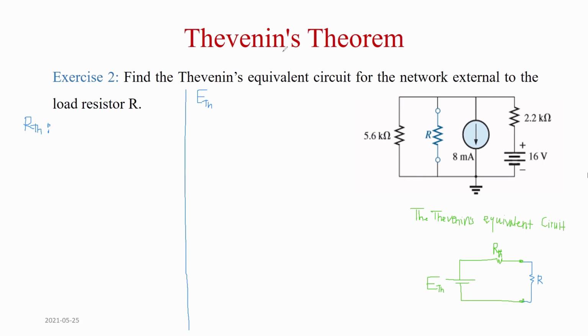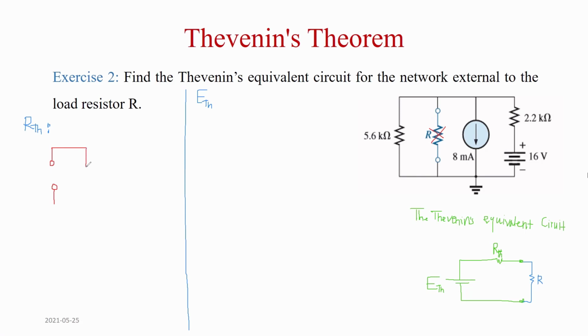So if you remember from yesterday, to find R Thevenin, we remove the sources. First, the load is not included in this, so this is always removed. So this is what we have. These are the 2 terminals. The load resistance is removed.